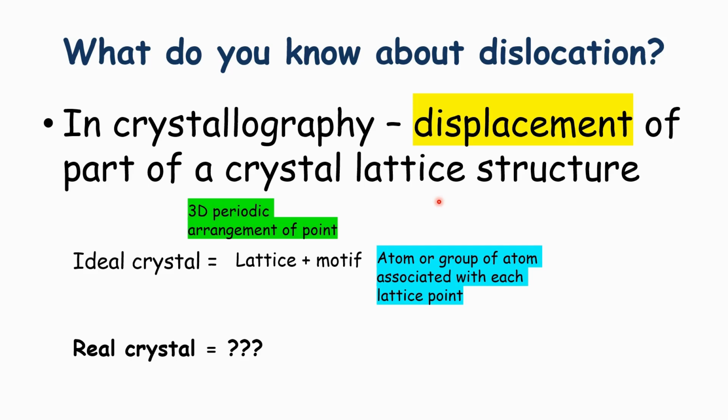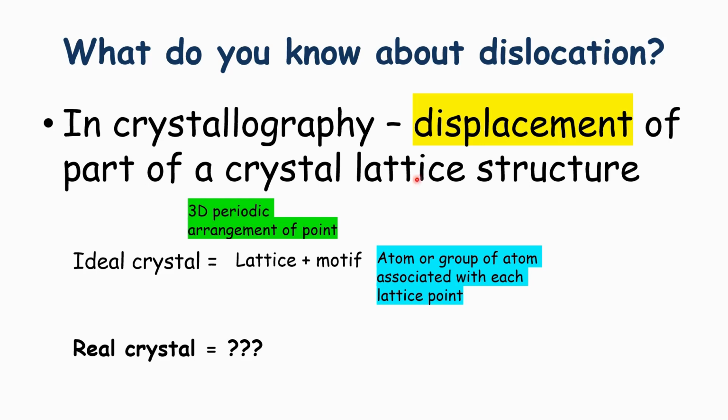And we know that ideal crystals, perfect crystals, are defect-free, and not-so-ideal ones, or real crystals, will have imperfection. So why are defects in crystallography important? Because they will influence the material property.